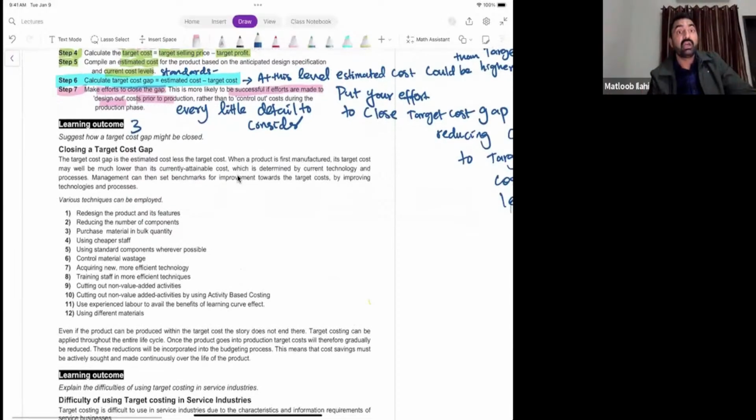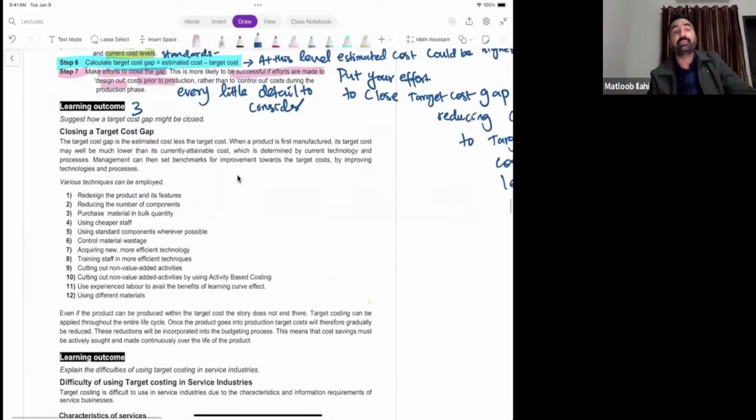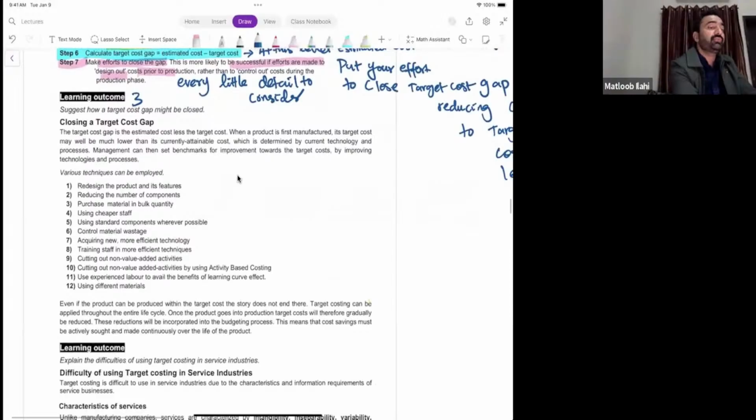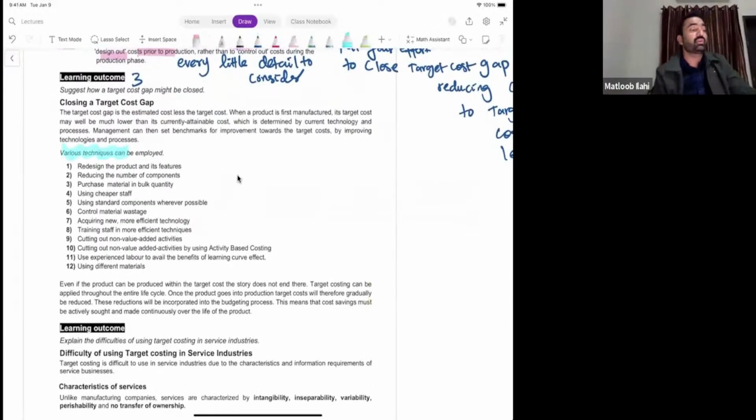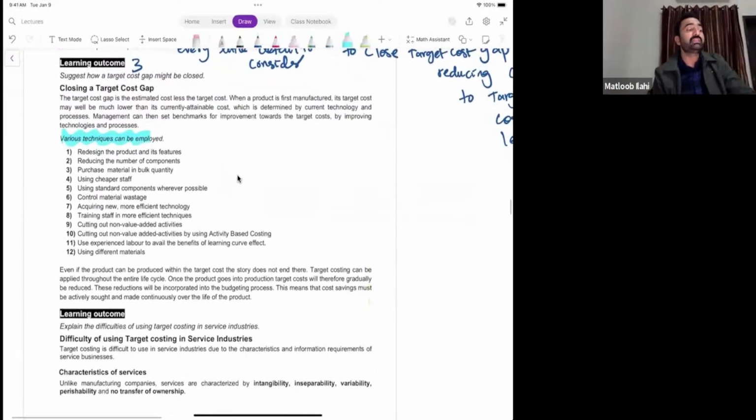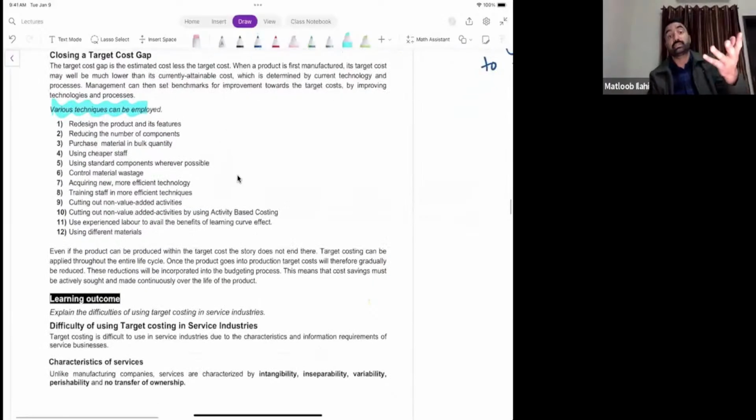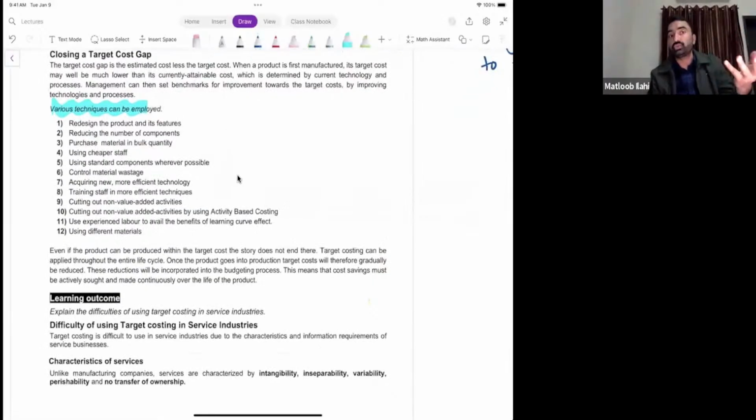So here are a few ways. The different techniques for closing the target cost gap. First, redesign the product and its features. Yes, you may need to change the design of the product, because the existing design might be causing higher cost.